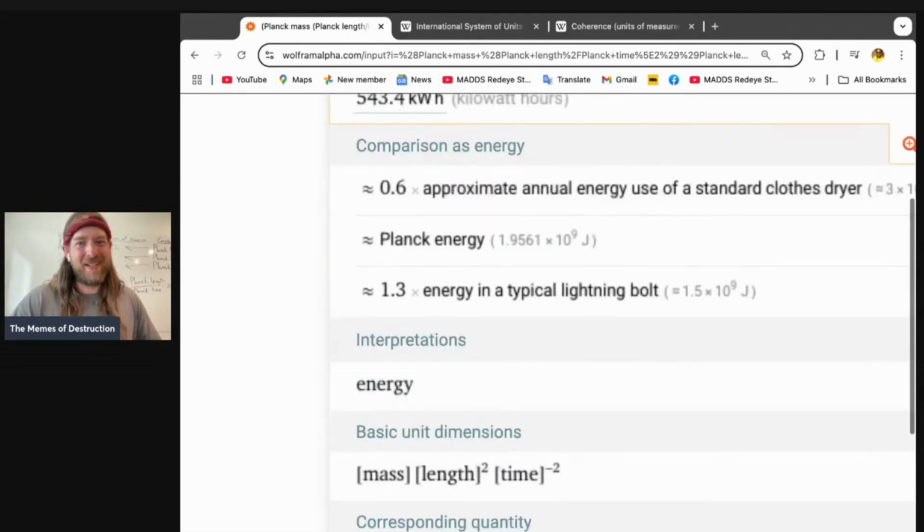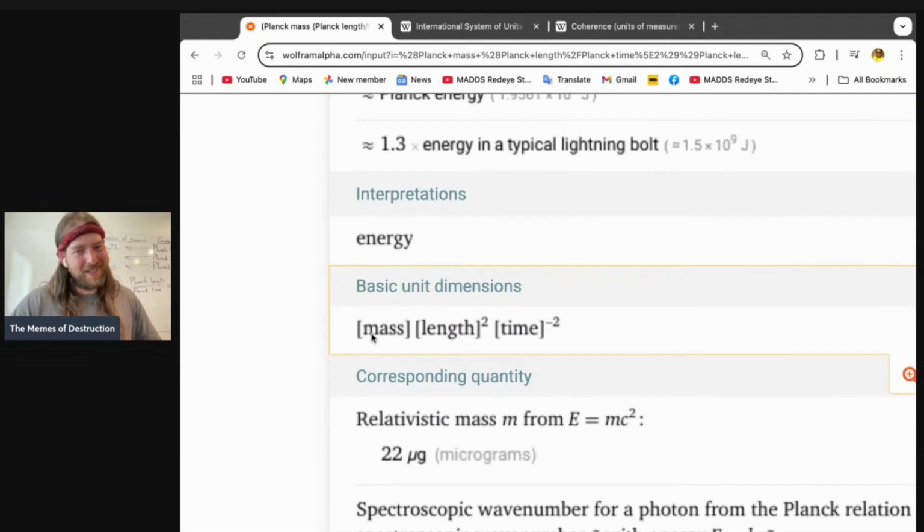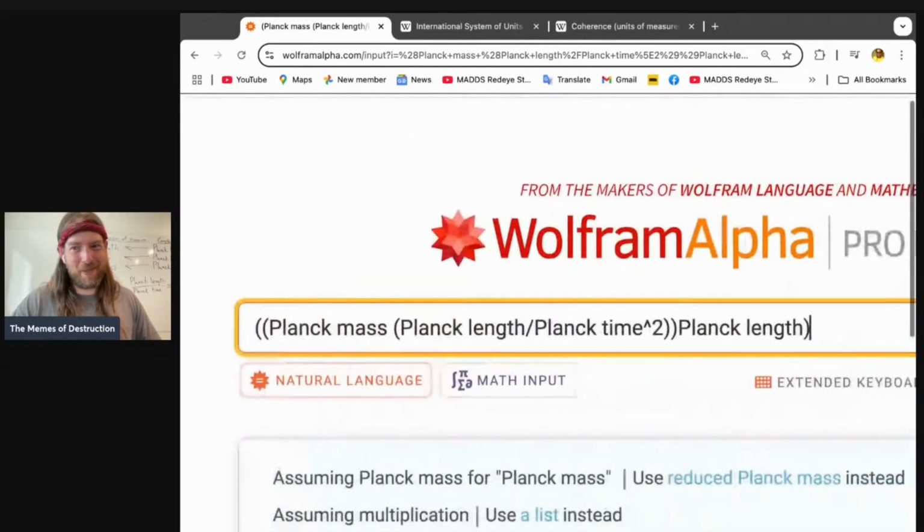So we've got energy. If we're going to divide by time, that means time goes into the denominator. Right now we have 2 of them in the denominator because that's negative. So if we're going to divide out, it's going to go to time to the -3. That should give us power.